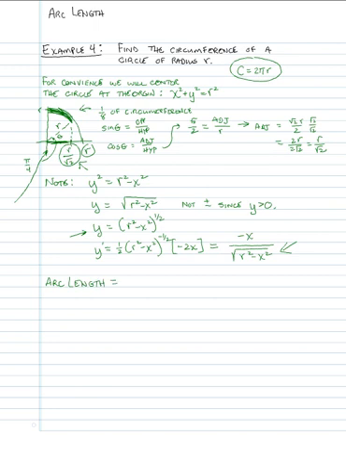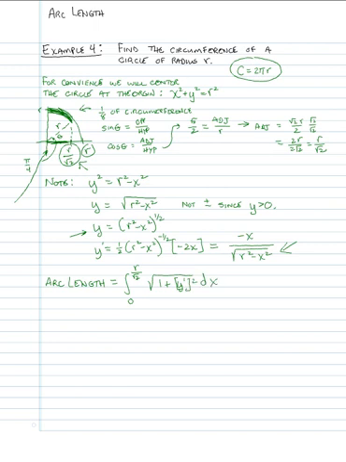The arc length is an integral, and it's going to be from 0. Now, our x value that we're stopping at is r over the square root of 2. And what are we integrating? The square root of 1 plus y prime squared with respect to x.